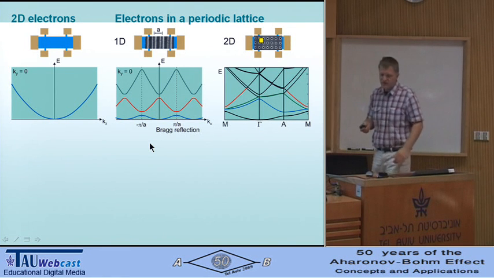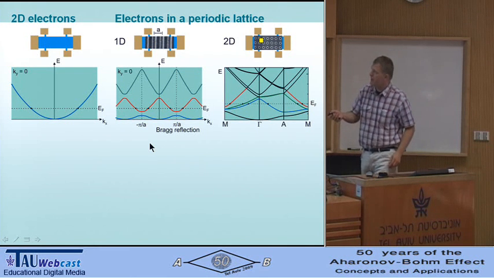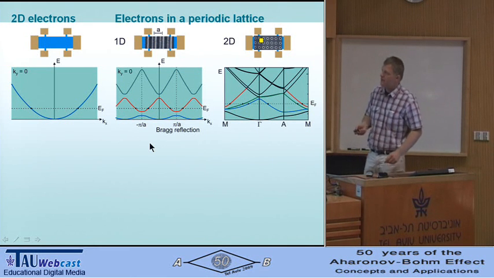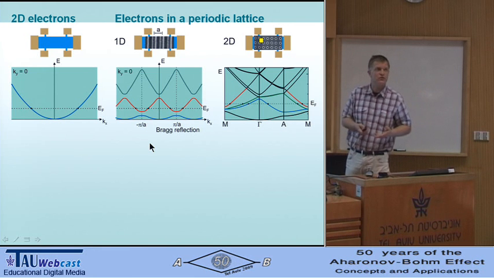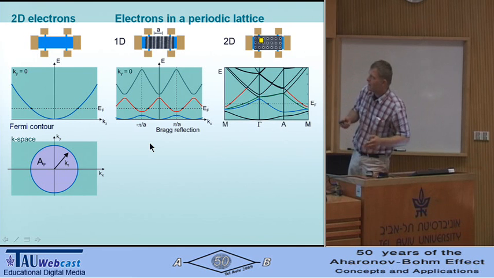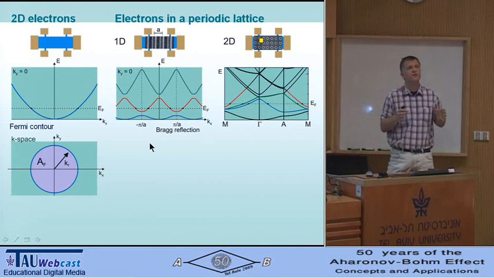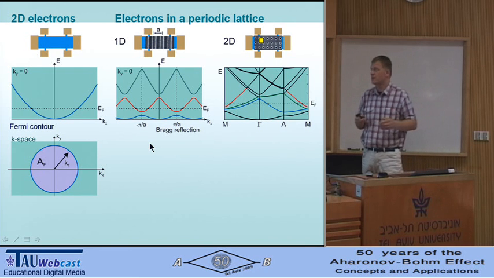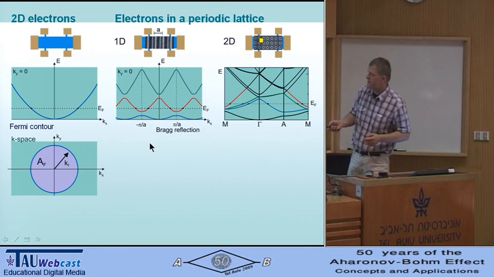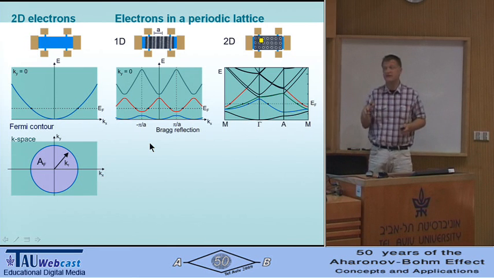Now, when we fill this system with electrons up to a certain level, we have a Fermi energy. And if we now start to turn on a magnetic field, the following happens. First of all, in K-space, and since we are interested in transport, I'm always going to focus on what occurs at the Fermi energy. So in K-space, we have this Fermi contour, and in a magnetic field, the electrons will start to move on contours of constant energy.